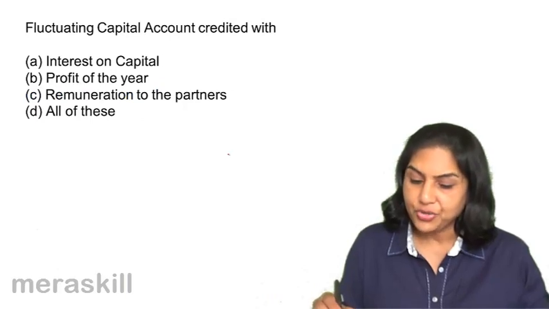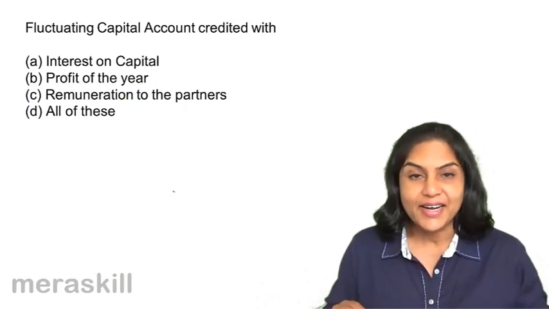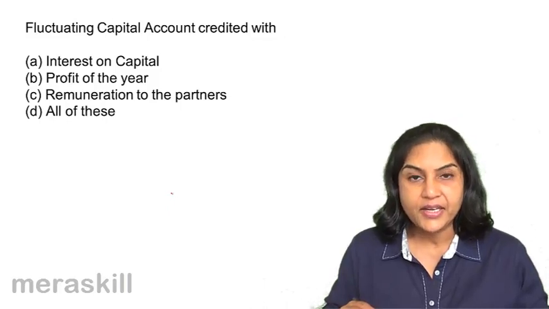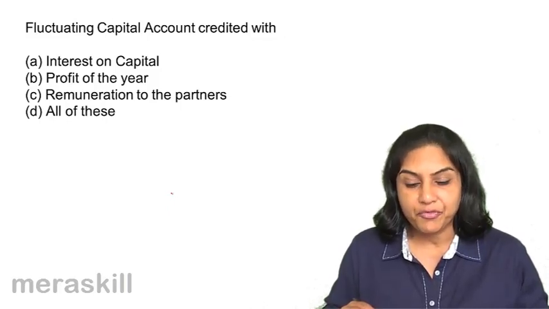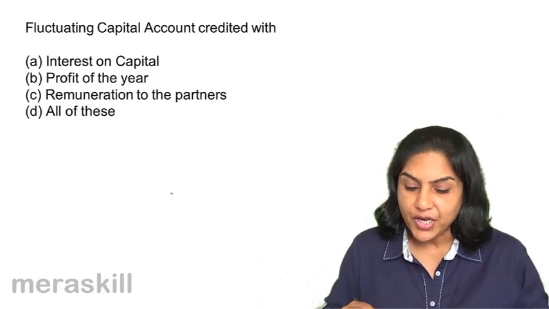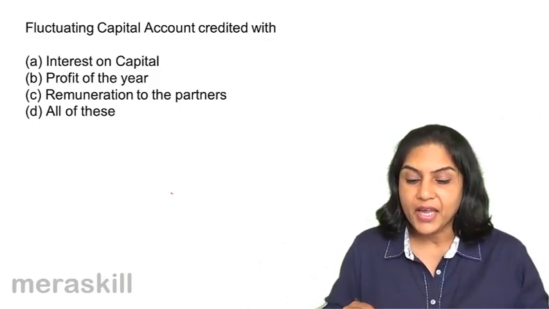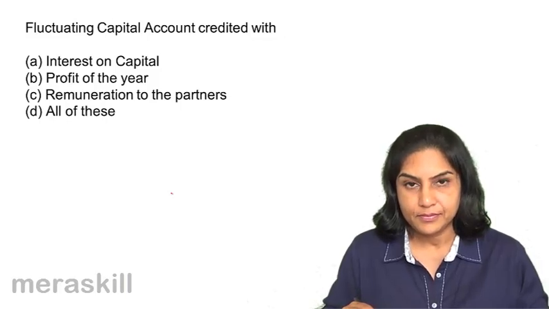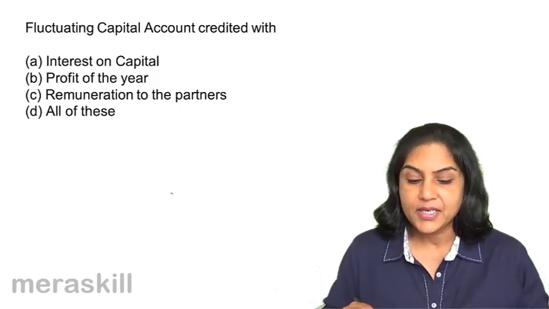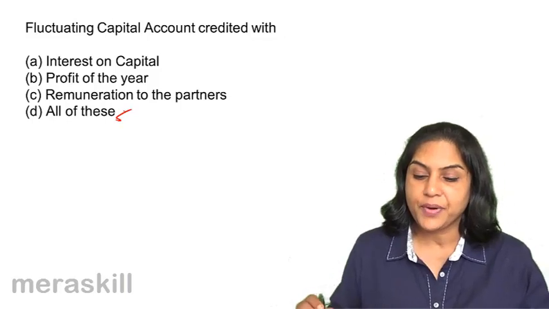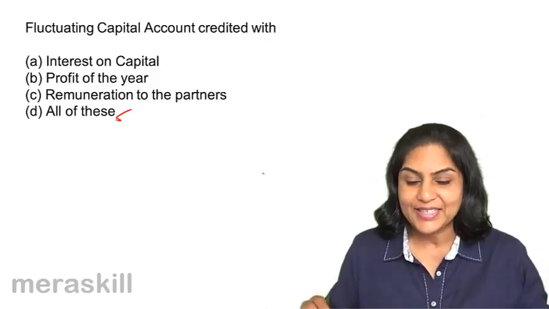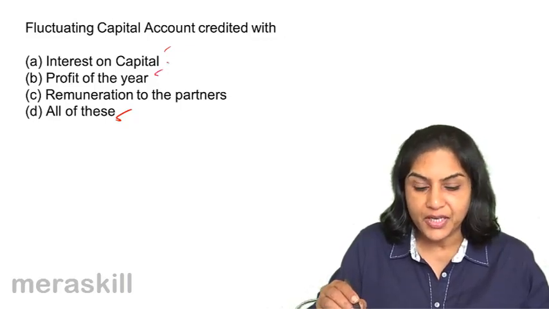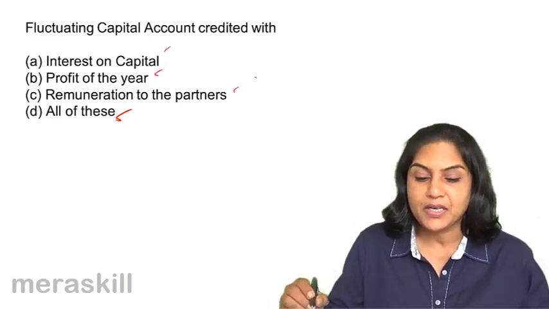Next, fluctuating capital account is credited with A interest on capital, B profit for the year, C remuneration to the partners, and D all of these. Correct answer, all of these. Fluctuating capital account would be credited with the interest on capital, profit for the year, and remuneration to the partners.